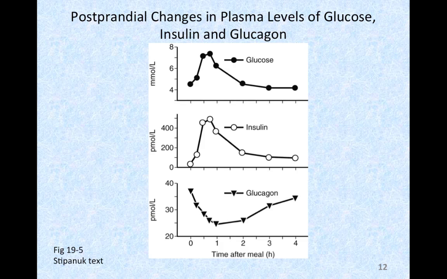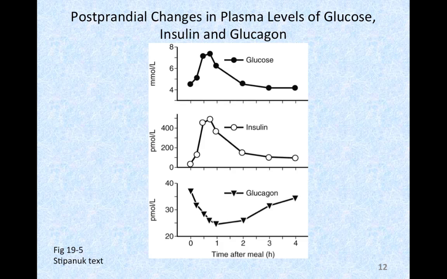When you have, for example, an increase in blood glucose, we see up at the top this postprandial changes in glucose, insulin, and glucagon. So after the meal, glucose goes up in the blood, and that is paralleled typically by an increase in insulin. And again, the higher the glucose, the higher the insulin. And then as the glucose is going into tissues, the blood glucose decreases, so that feeds back and decreases insulin production or release.